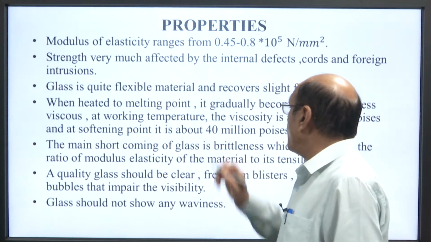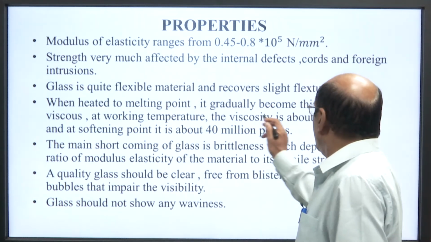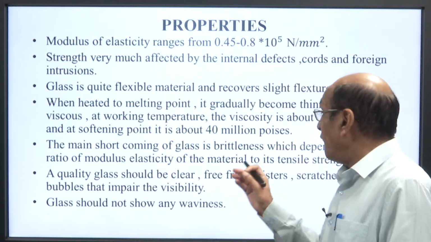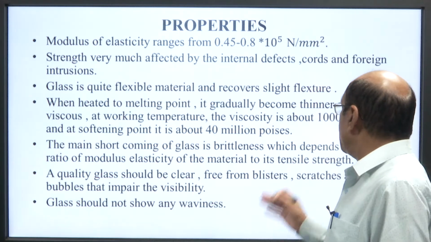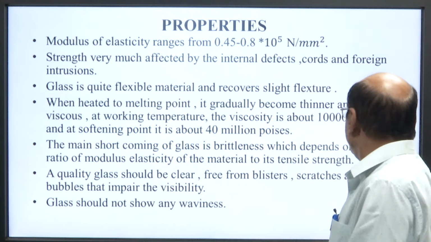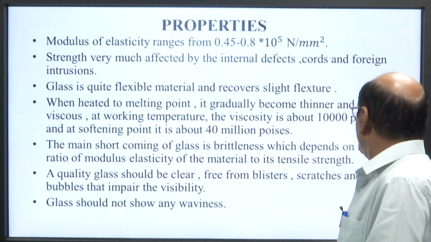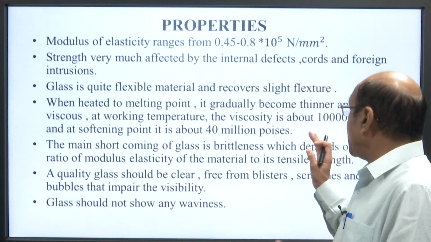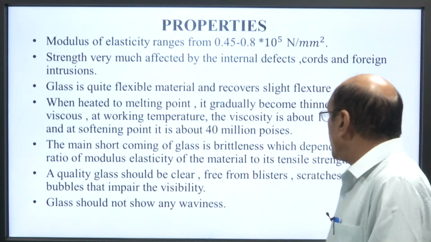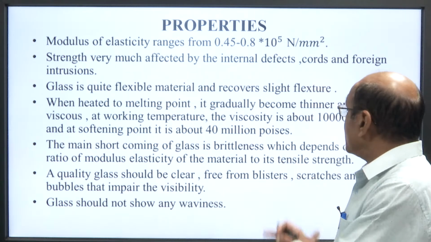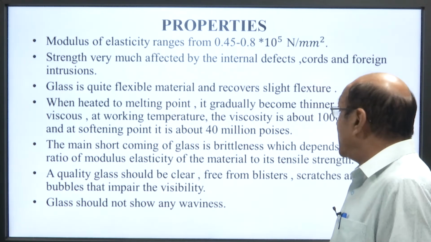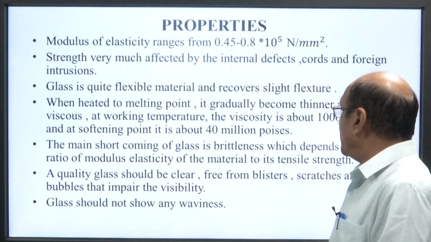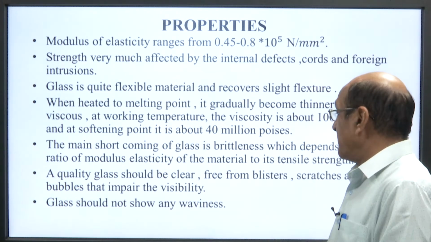When heated to its melting point, it gradually becomes thinner and less viscous. At a working temperature, the viscosity is about 10,000 poise, and at the softening point it is about 40 million poise. So, the viscosity range is quite different at the softening point depending on the temperature.